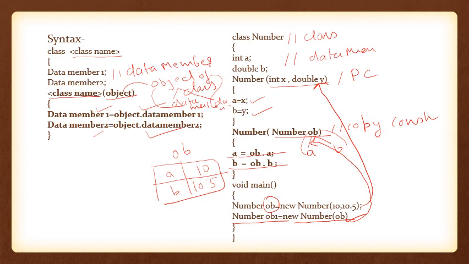The value of OB is copied into this object. So OB dot A, which is 10, is assigned to A of object OB1, and B equals 10.5. So the value of object OB is copied into OB1. That is the work of a copy constructor.